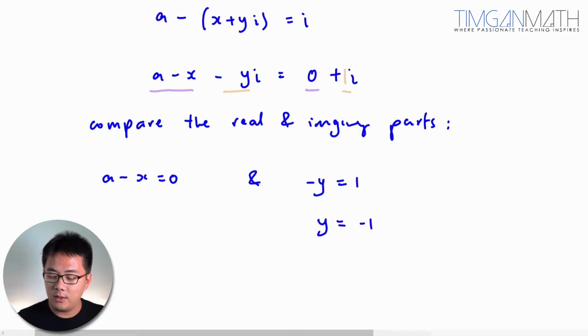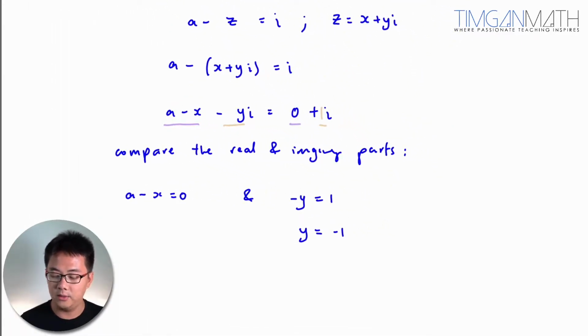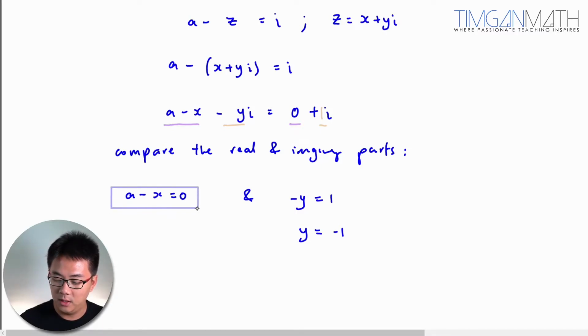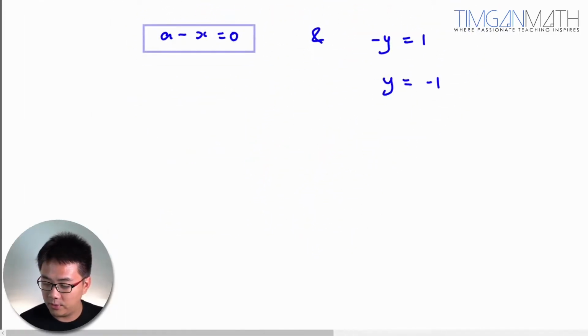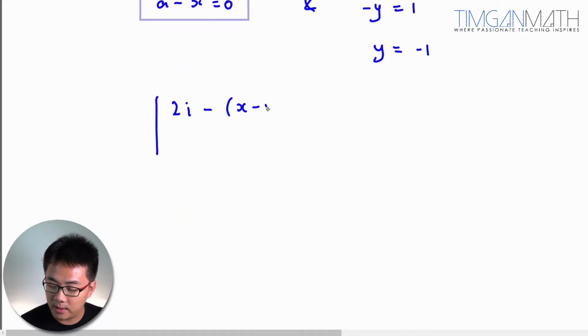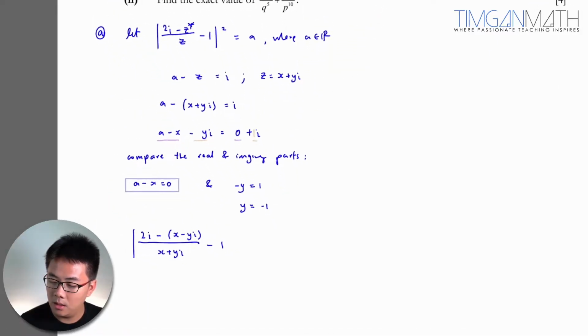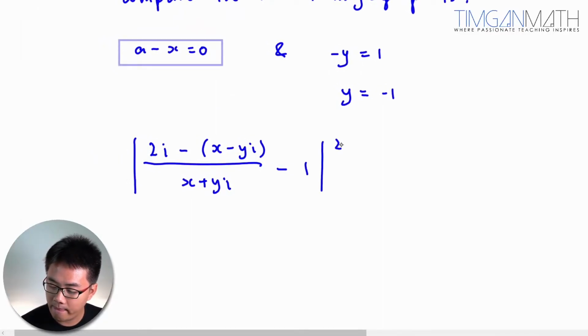Now after that, you try and solve, because z is equal to x plus yi, so you could just use this expression here and continue moving downwards. So a is that whole expression there, which is 2i minus z conjugate, which is x minus yi, over x plus yi minus 1, squared, minus x equals 0.